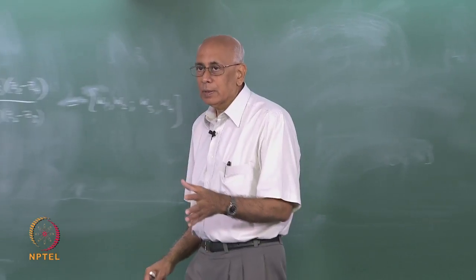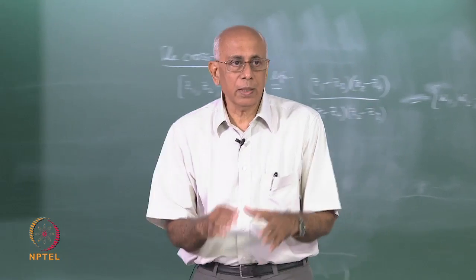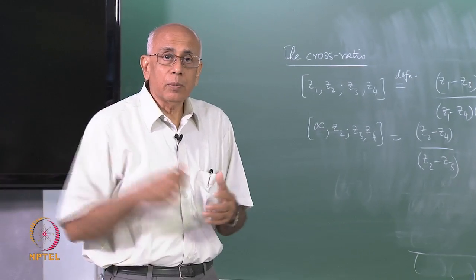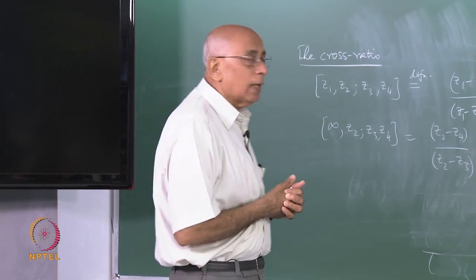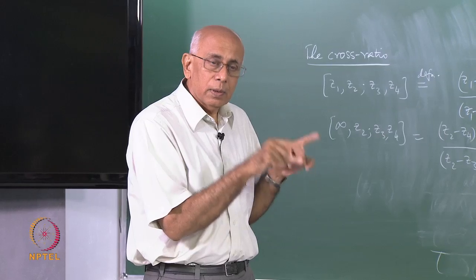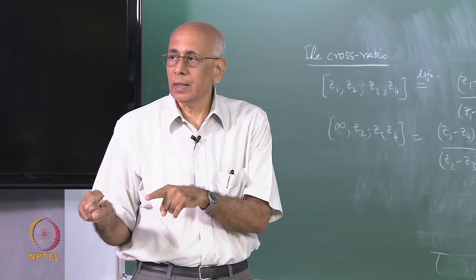any 3 points on the complex plane, say Z1, Z2, Z3, and they get mapped to W1, W2, W3, then there is a unique transformation which takes you from the first set of points to the second set of points.